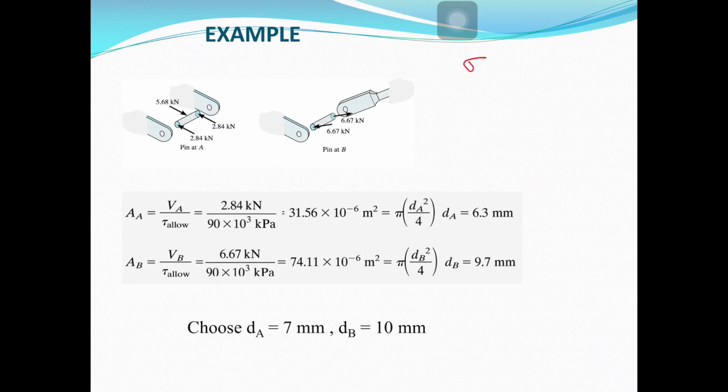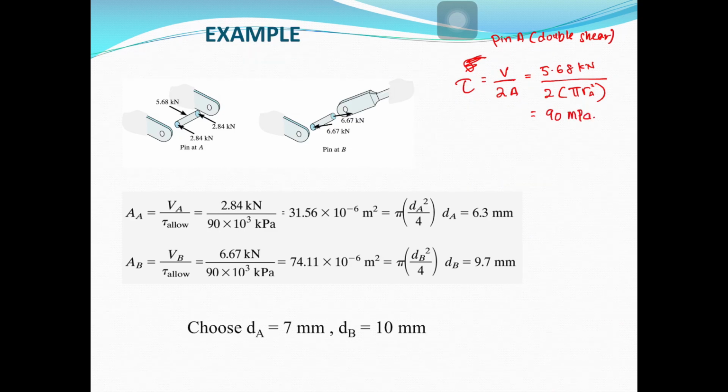And then tau is V over 2A for pin A, double shear. Right? So force is 5.68 kilonewton over 2 pi rA squared is equal to 90 megapascal.